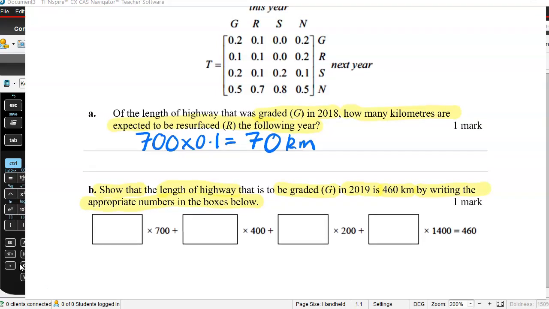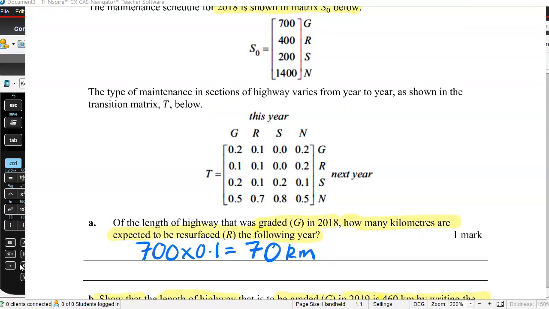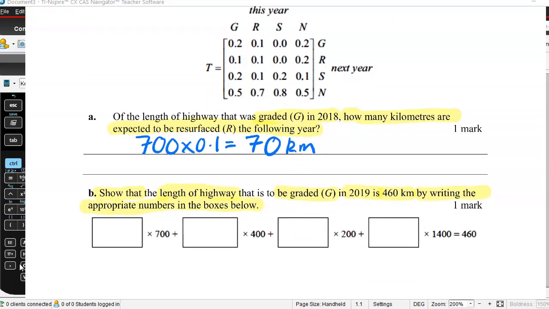So let's look again at our transition matrix. Okay, we're interested in all the ones that's going to be graded. We know there were 700 kilometres that were graded this year, and of them, 0.2 are going to be graded again.